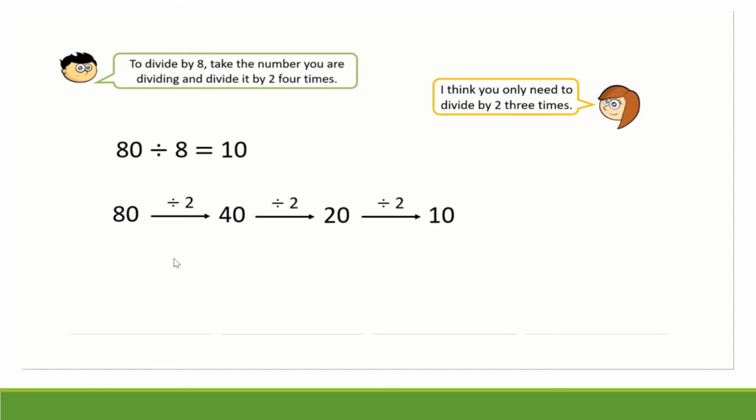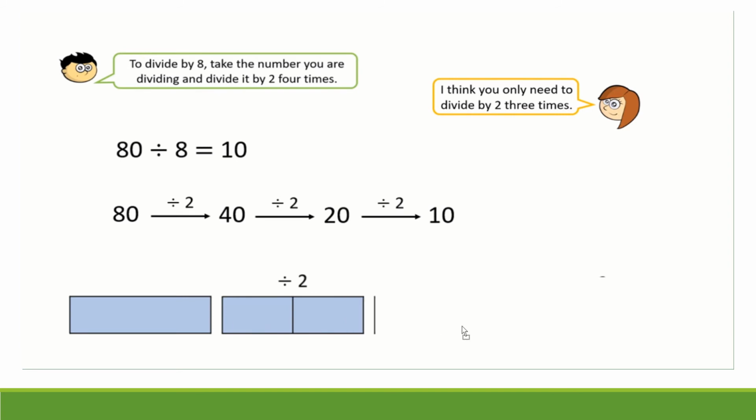And let's use a bar model to represent this. So here's our bar model. This represents our any number. We're going to divide that by 2. So we now have 2 parts. So we've divided by 2 once. We're now going to divide each part by 2 again.